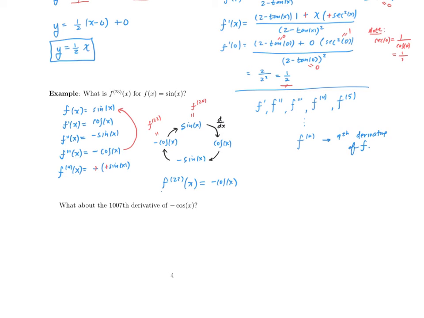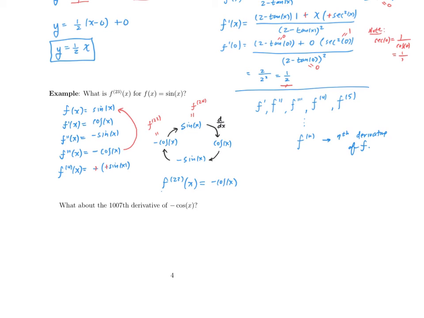And to make sure that we really see what's going on with this example above, I want to ask us to calculate one more derivative, just for fun. What is the 1007th derivative of minus cosine? And note, I'm purposely picking a really large number. I've had the experience in the past where I may have chosen something smaller, like for example, what's the 17th derivative?